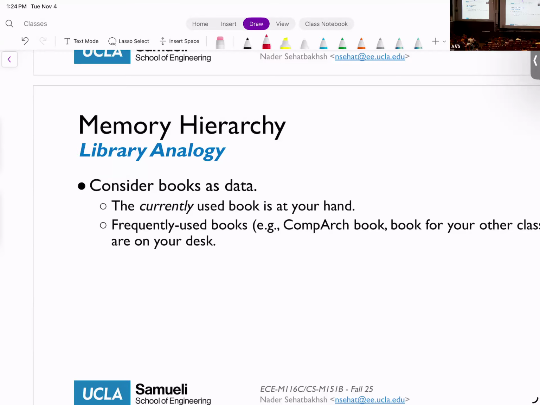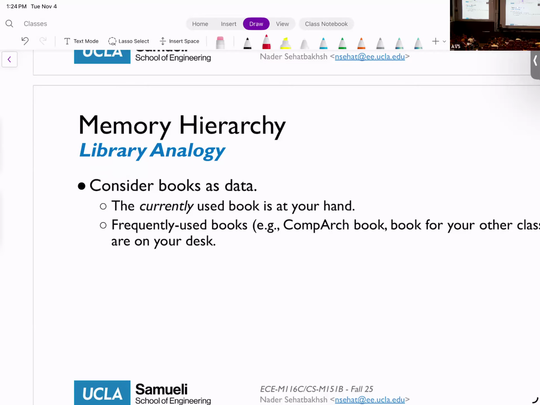So you actually create this kind of hierarchy of data storage, that the ones that you use the most, you put closest to you. The ones that you're going to use in the near future, you probably put somewhere in the room. The ones that you're going to use in a longer future, maybe you store in the attic or somewhere else in the house. And the ones that you're not going to use until a very long time in the future, they're going to be in the library.